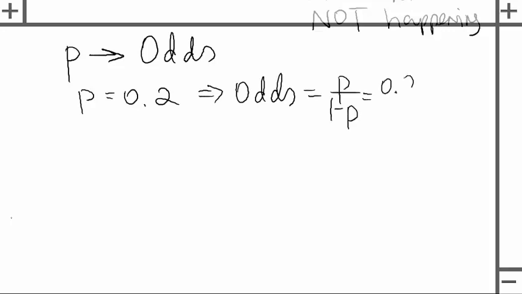And that's 0.2 divided by what? 1 minus 0.2. 0.8, right? And it's 1 out of 4, right? 1 chance in favor of me getting a B, 4 chances against me, right? That's what it basically means.